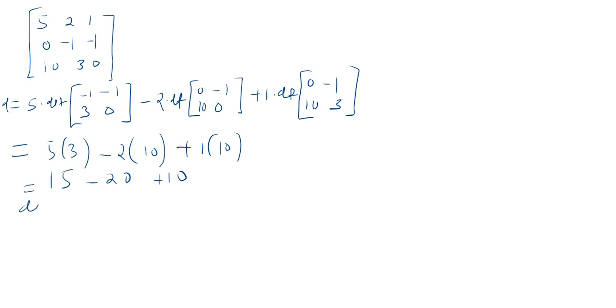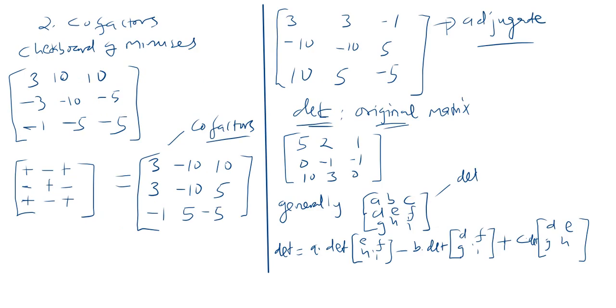And our determinant will be 25 minus 20, which is 5. So the determinant of our matrix is 5. So we take 1 over 5 and multiply it with our adjugate, which is this matrix.